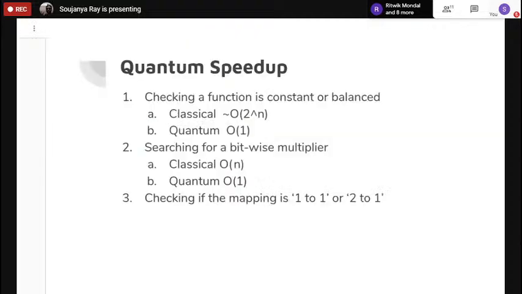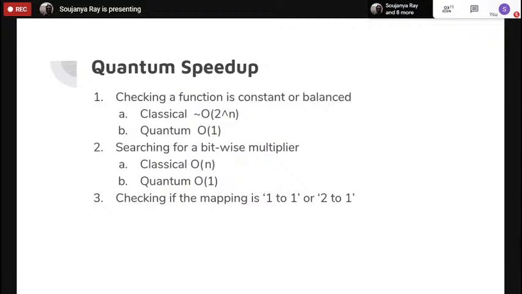If you need to check whether a function is 1-to-1 or 2-to-1, a classical computer needs around, again, 2 to the power n times, because you need to check all the possible combinations of the input. But a quantum computer drops the bomb and solves it in linear time, O(n). So these are a few of those algorithms. The first algorithm I have stated here is the Deutsch-Jozsa algorithm.